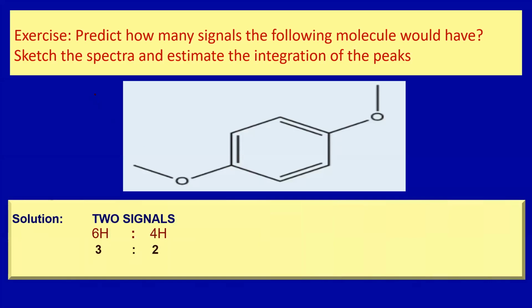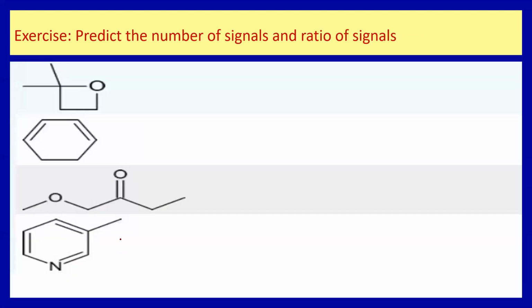Here again, 3 plus 3, 6 hydrogens, 4 hydrogens, 6:4. The ratio will be 2:3. So let's once again predict the number of signals. One signal, second signal, third signal.